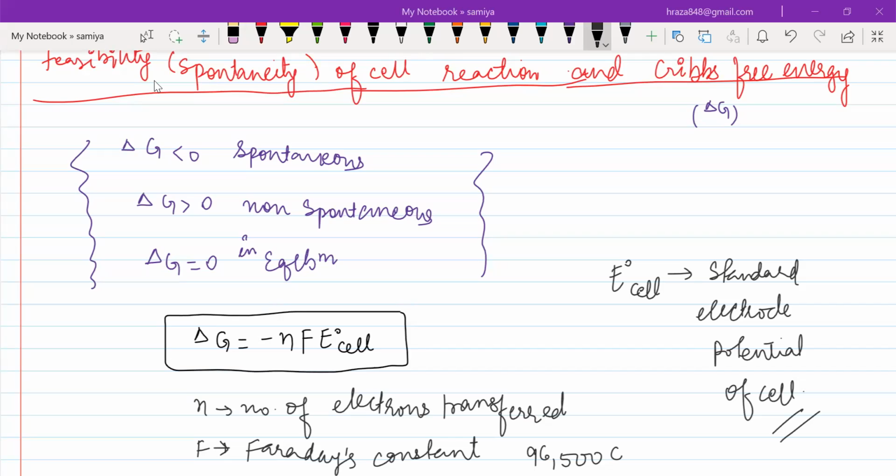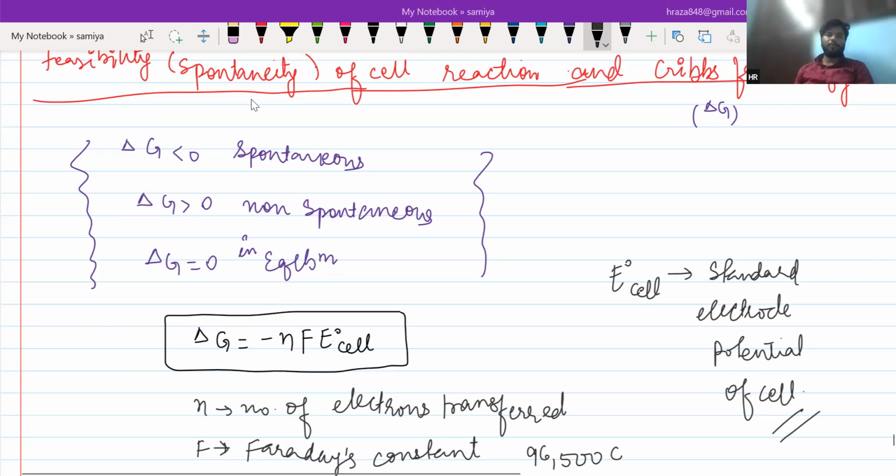Done, sir. Yes. Now see, the questions will be, you already know how to calculate E naught cell, and from the reaction or the representation you can easily calculate the number of electrons transferred. F is given, so all depends on calculating E naught cell, and after that you can see whether delta G is less than 0 or greater than 0.